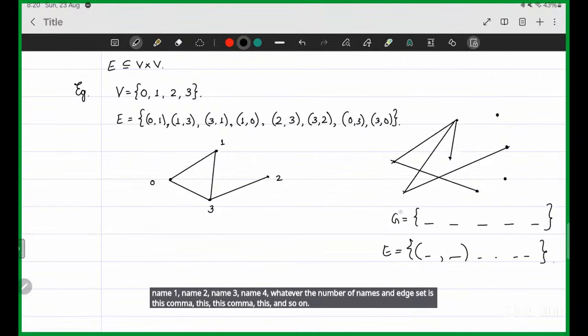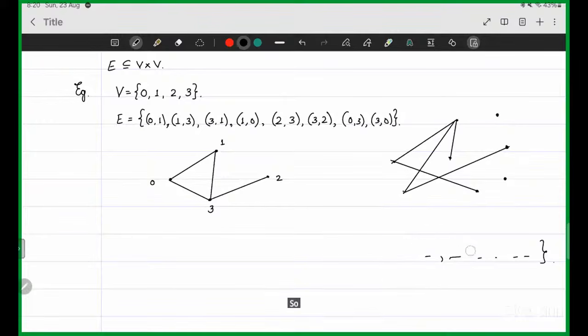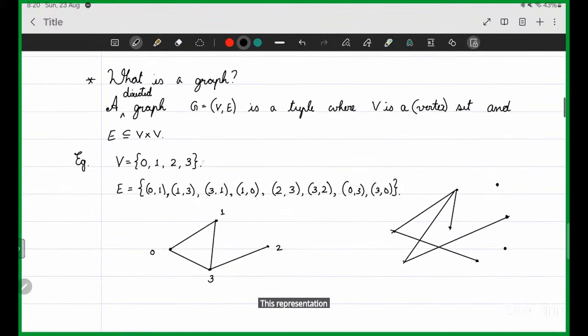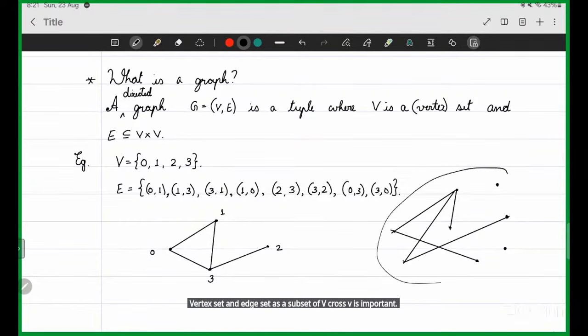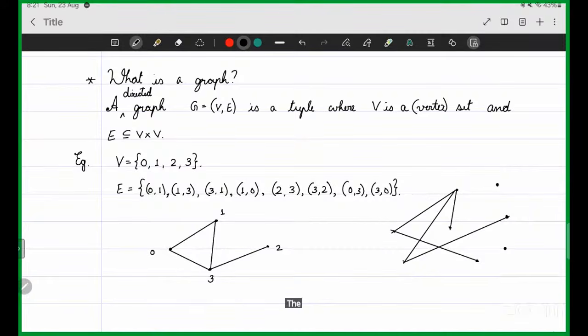So this representation of vertex set and edge set as a subset of V cross V is important, but a picture is worth 1,000 words, they say, right? So similarly, graphs do represent very important relations between vertices.